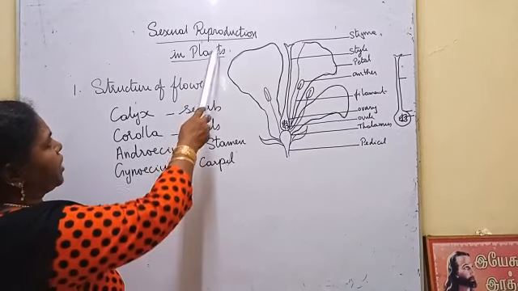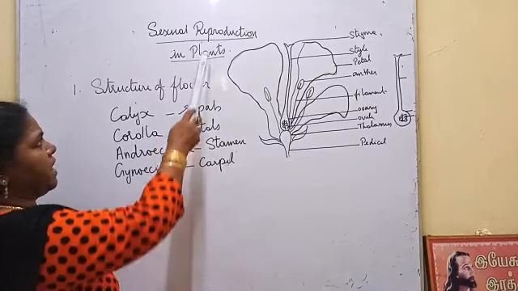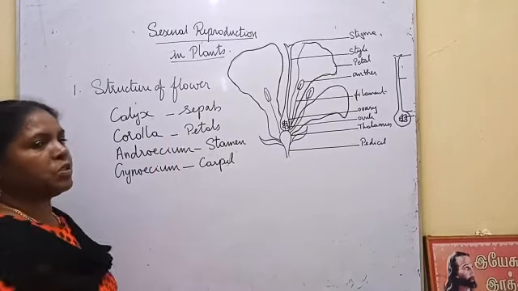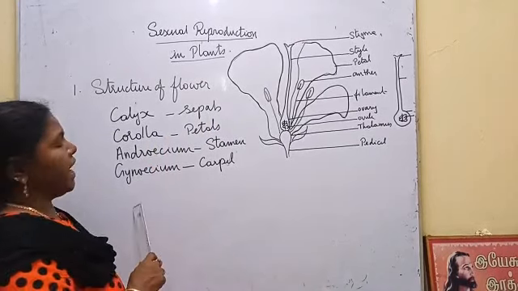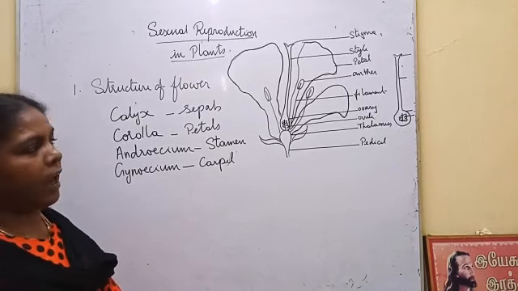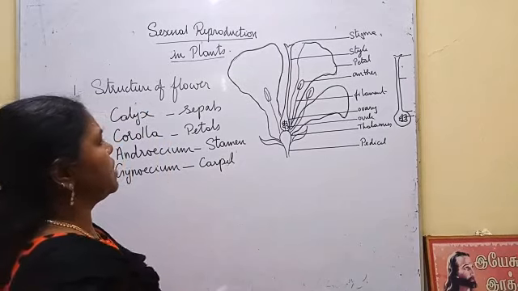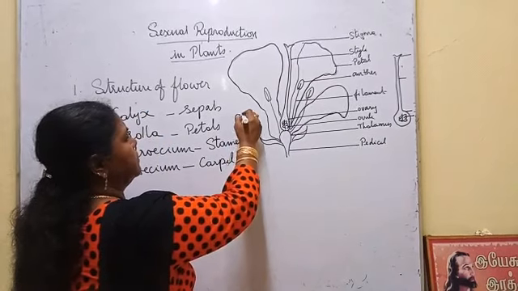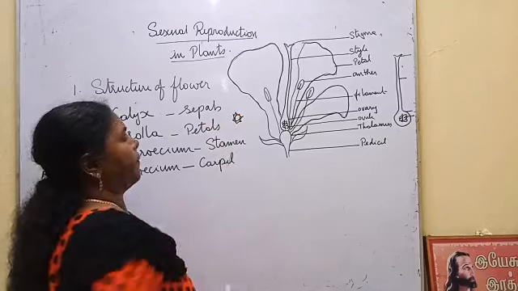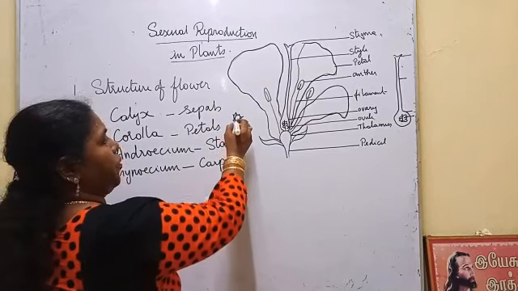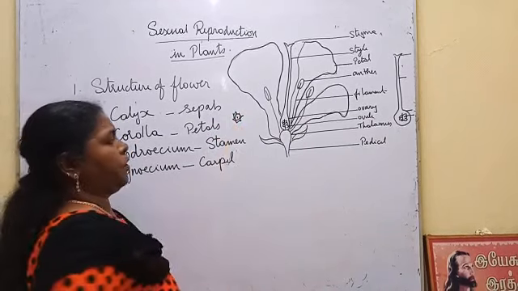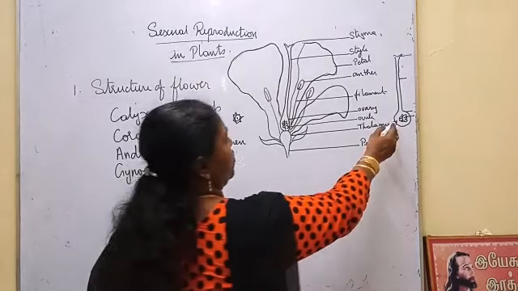Now, the reproduction starts. The structure of the flower we have seen. Reproduction starts with 2 steps, pollination and fertilization. The anther produces pollen grains. Inside the pollen grain, the male gametes are produced.